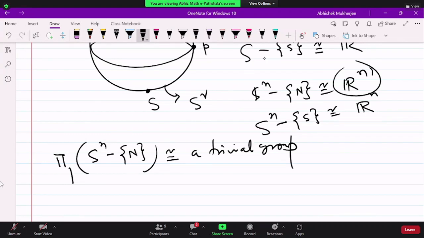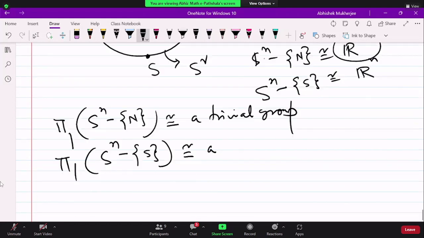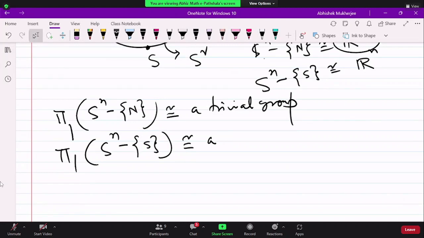At the same time, you will get the same result for the sphere punctured at the South Pole also. So what does it say?